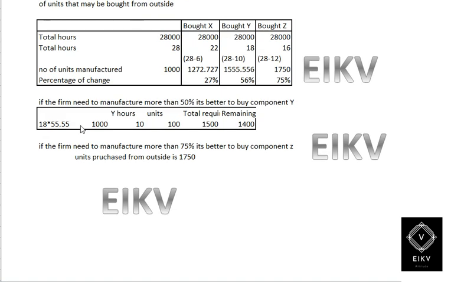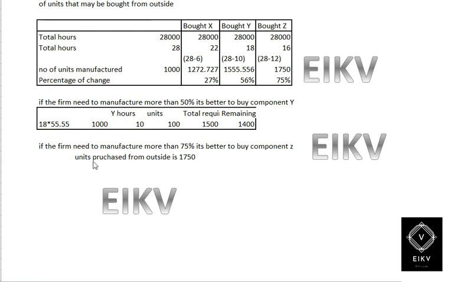We have 55.55 extra units. If we divide 28,000 hours by 18, we will get 1555.55 units. Over here we need only 1500 units, right? Yes, so we have an extra 55.55 units.